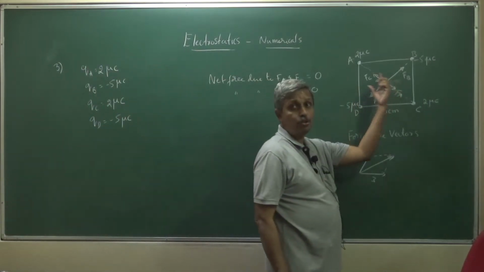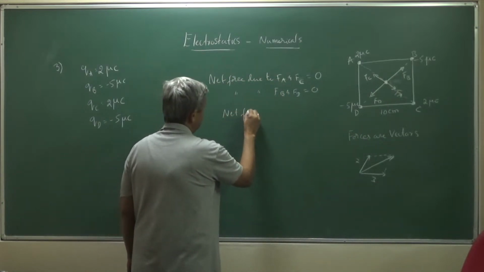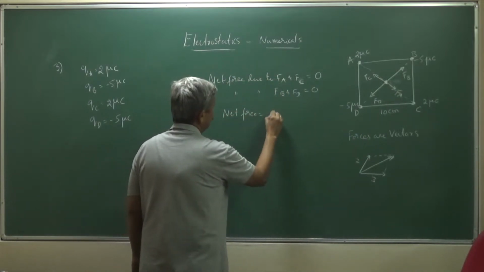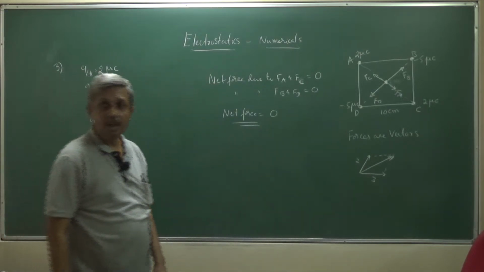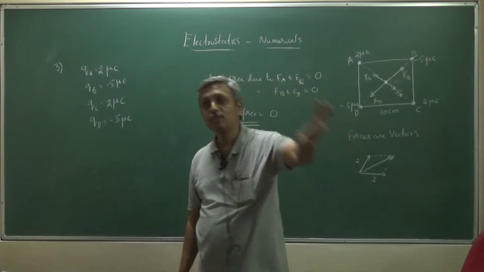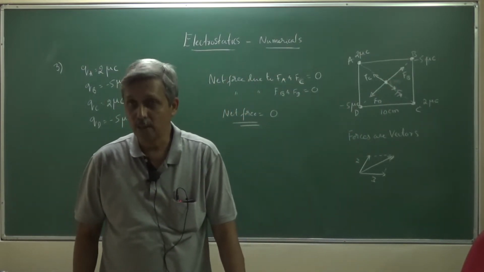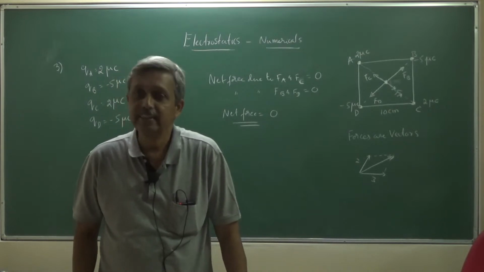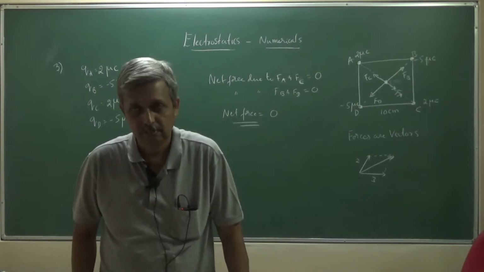So total net force is equal to total. So all are getting cancelled. This is cancelled with this, this is cancelled with this. So there is no net. So net force acting on one microcoulomb is 0. That's all. You don't have to do much of calculation at all.